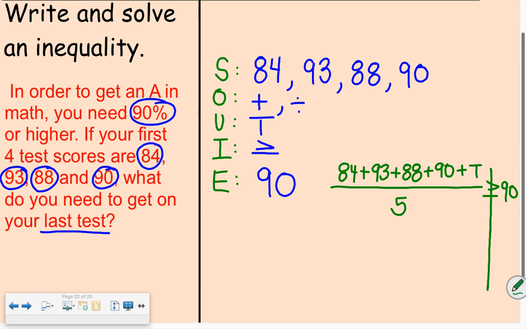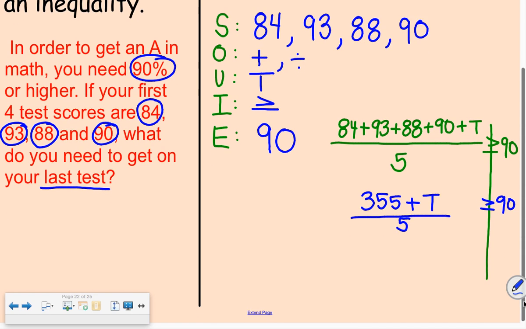So we're trying to find that the average of our test has to be 90 or higher. So let's start simplifying here. I'm going to take all those top numbers and add them. So 84 plus 93 plus 88 plus 90 gives me 355 plus T, divided by 5, is greater than or equal to 90.